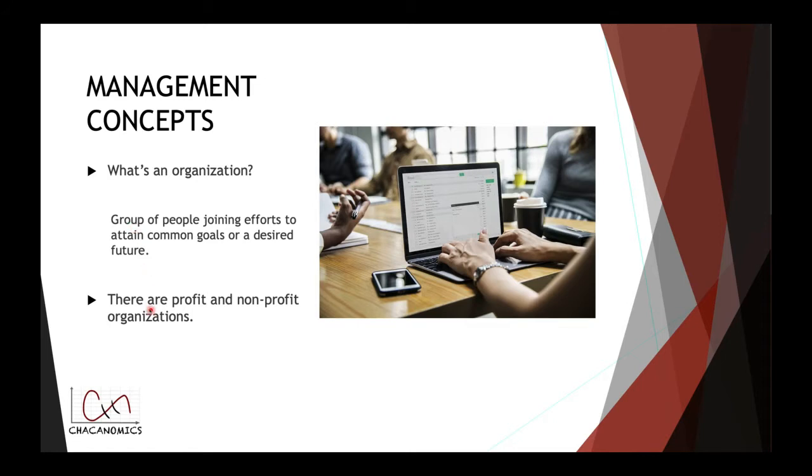And we have to identify that there are profit and non-profit organizations. Profit organizations are those whose objective is to gain money. Their activities and productions are intended to make profit. On the other hand, non-profit organizations have social objectives. They're trying to make our communities and our world better. They're not trying to make money.